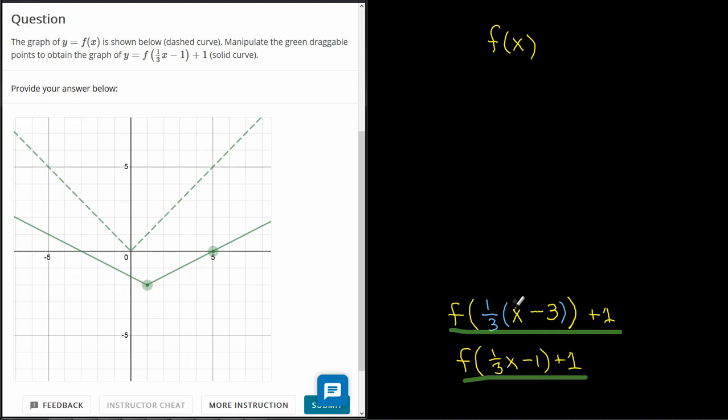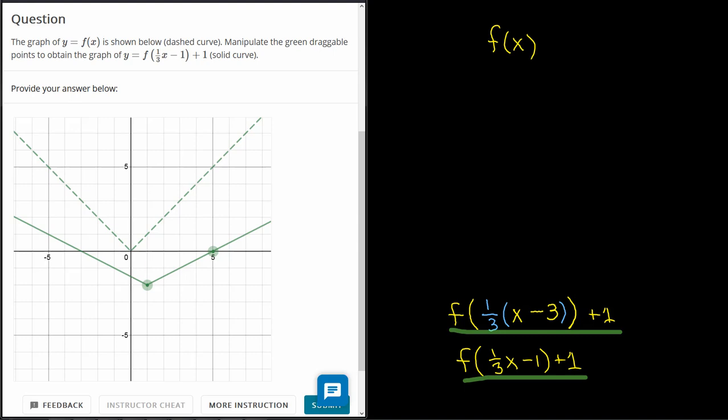So 1/3 times x gives me 1/3 x, and 1/3 times -3, sure enough, gives me a -1. So these are indeed exactly the same thing. Algebraically, I can work with either one of these, and this one I think will be easier.